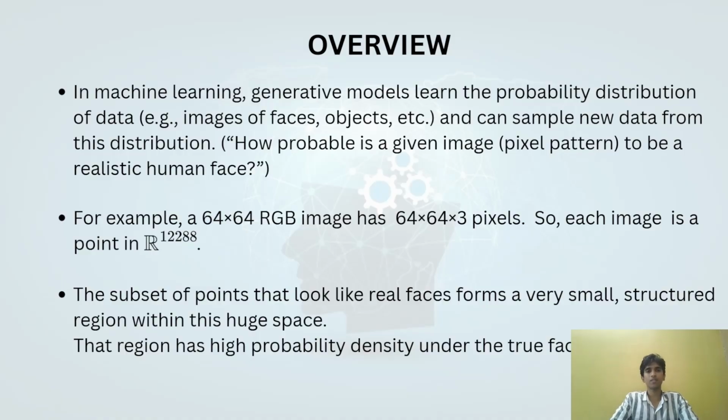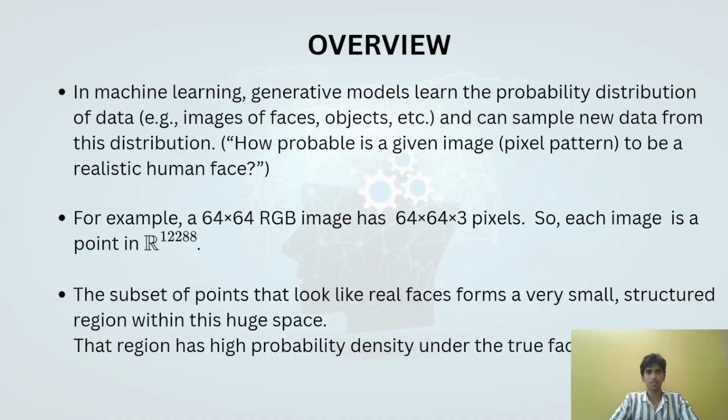I would like to explain to you about something known as generative models. These generative models analyze data and try to learn the probability distribution of this data. For example, consider images.